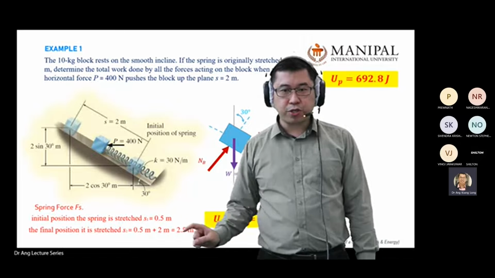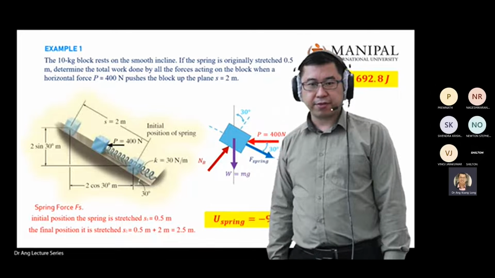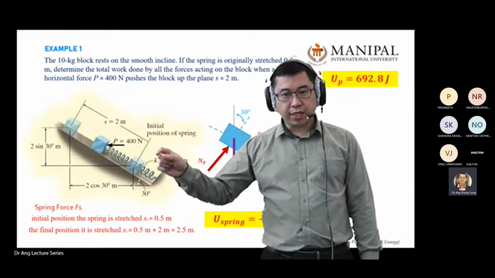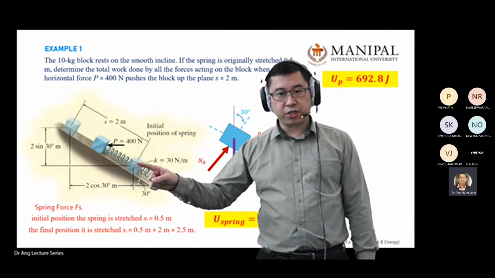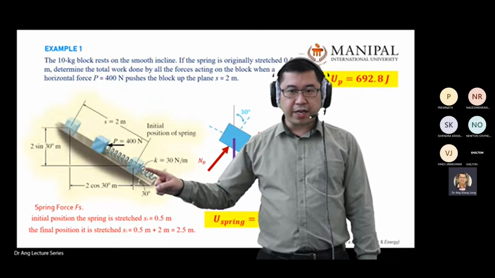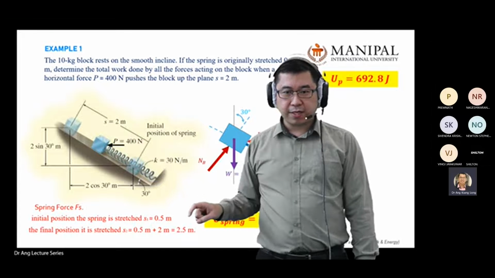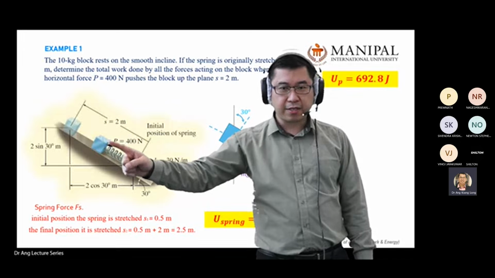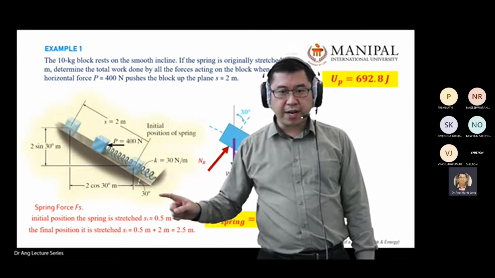The total distance traveled from the initial position to the final position is 2.5. The final displacement done by the object is 2.5.